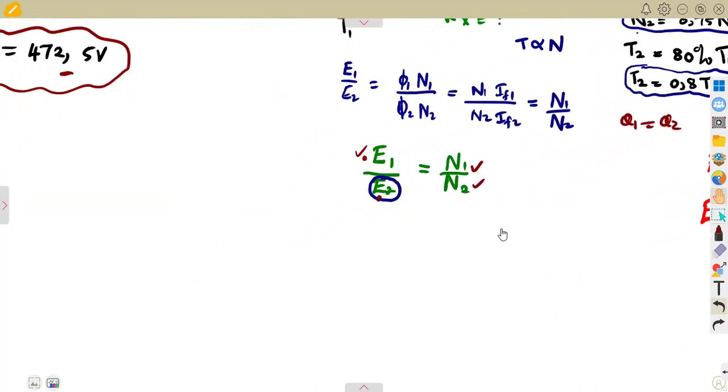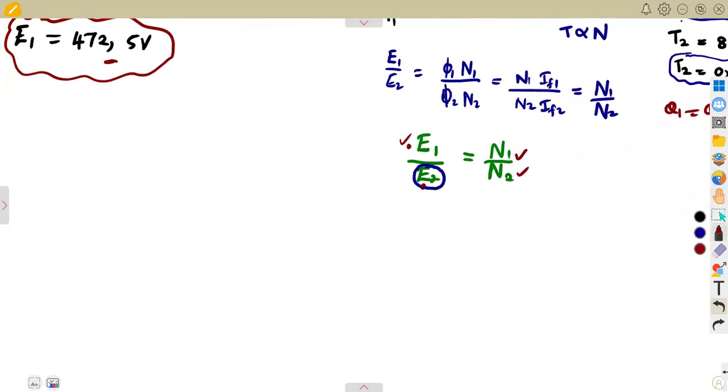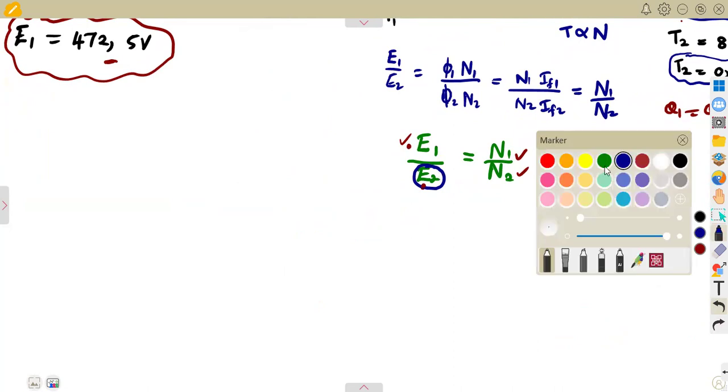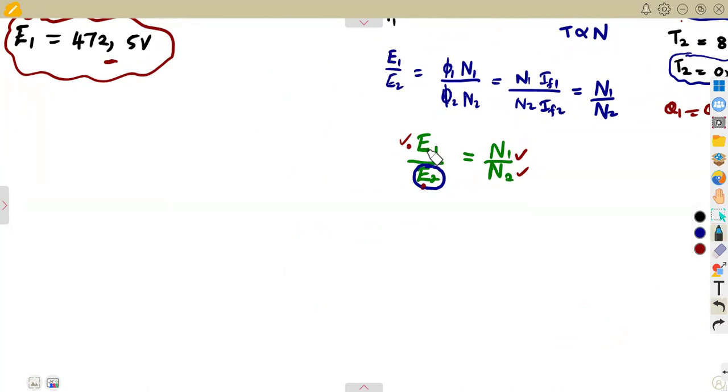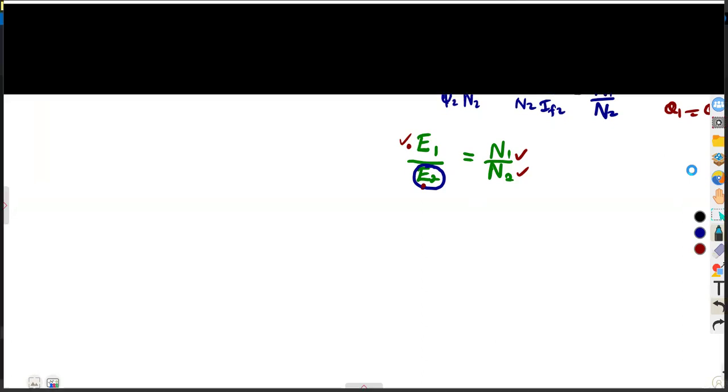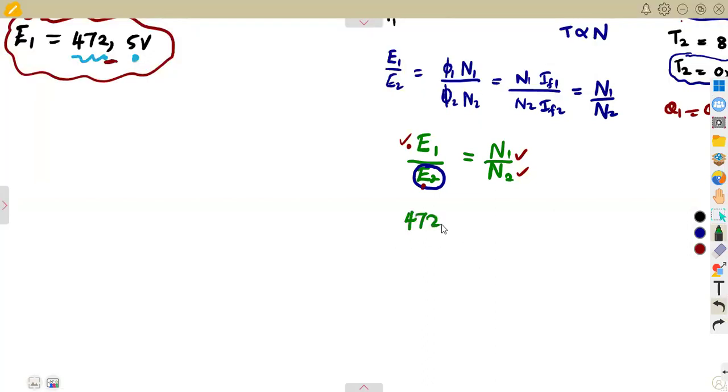All right, let us just substitute as it is. So now we are going to calculate this E2. Given E1 as 472.5, we can substitute this one. So this is 472.5 over E2, which is the one that you are to calculate.